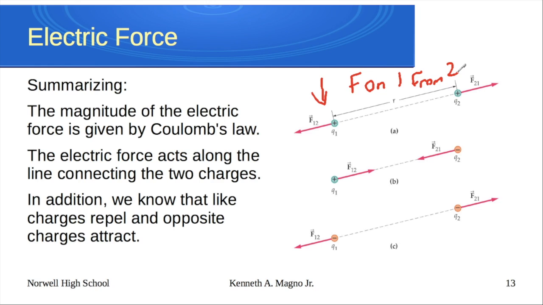Whereas the other one on the next side says F 2,1, that'd be the force on 2 from 1. Just getting into the nomenclature of how we're designating these forces. So for case A and case C, the force on 1 from 2 is negative. But in case B, the force on 1 from 2 is positive because in that case it's an attractive force, not a repulsive force.